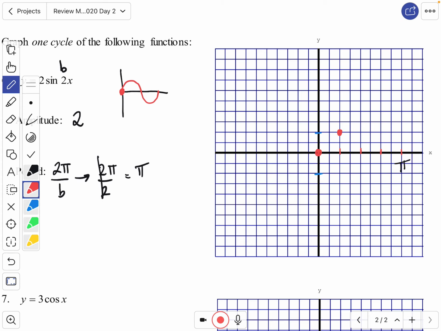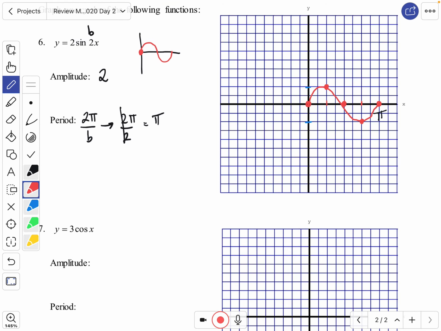Then we're going to start heading back down. So halfway, we're going to go back to the center. 3/4 of the way, which is the third tick, we're going to go down to the amplitude. And we're going to finish up right back at that center. So here is my sine curve.